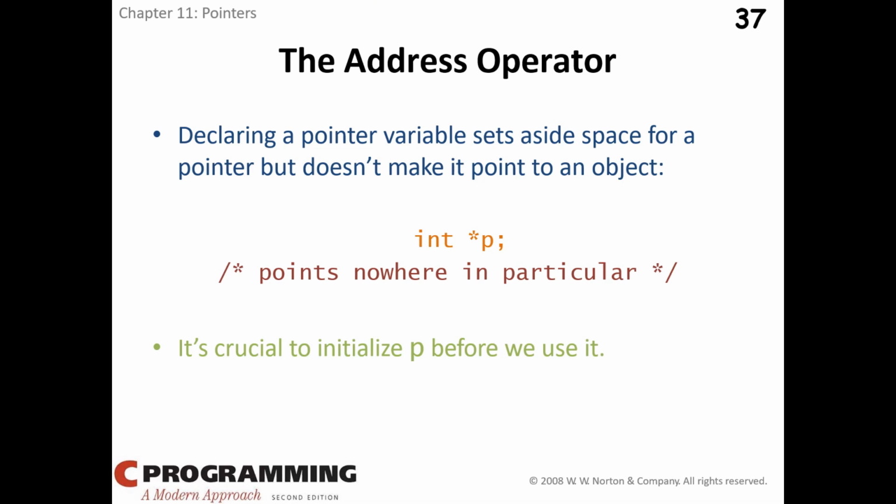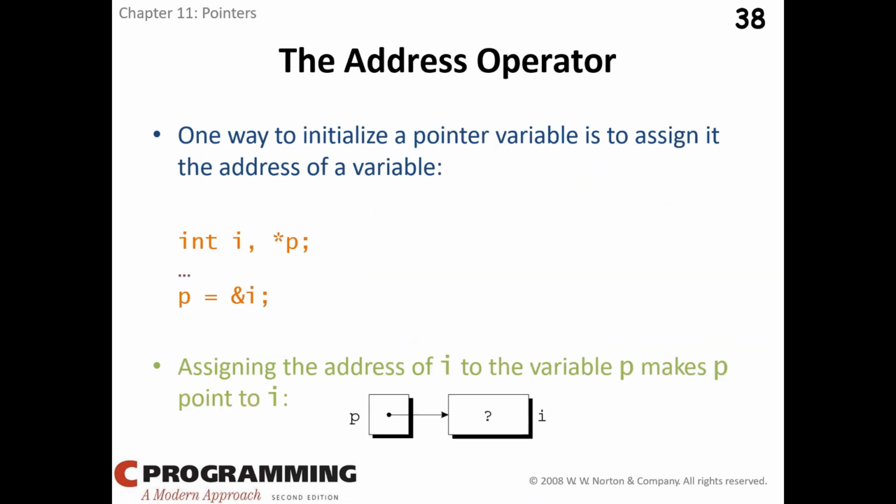Initializing the pointer involves assigning it the memory address of a specific variable or object. This ensures that the pointer points to a valid memory location, and it allows us to safely dereference it and access the data stored at that address. Failing to initialize a pointer before using it can lead to unpredictable behavior and potential errors in our program. So you should always remember to initialize pointers before using them to avoid any unexpected results in your C program.